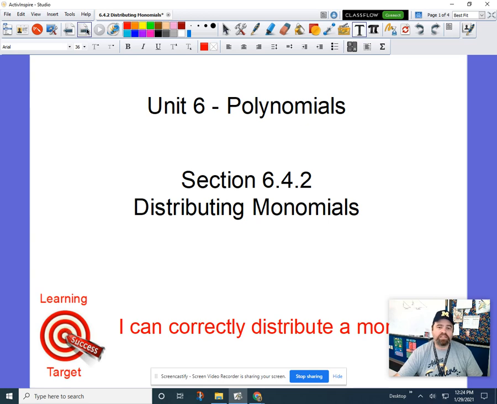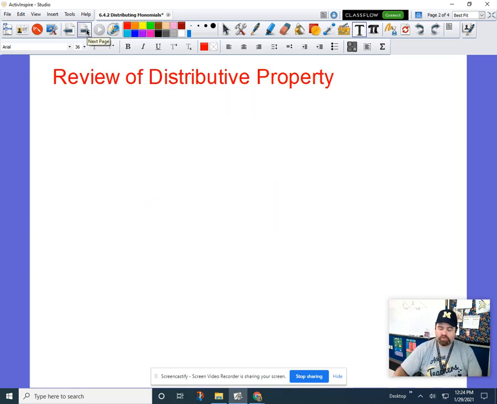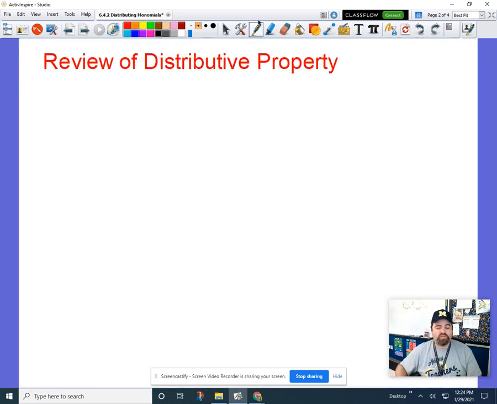So before we do this, real quick, what does the distributive property look like? We haven't used this since you had to solve equations way back in unit 1.